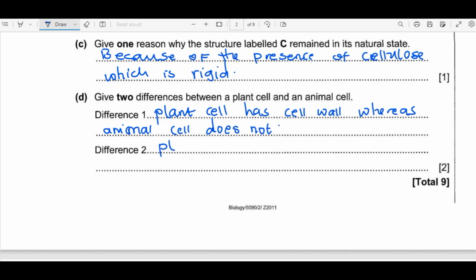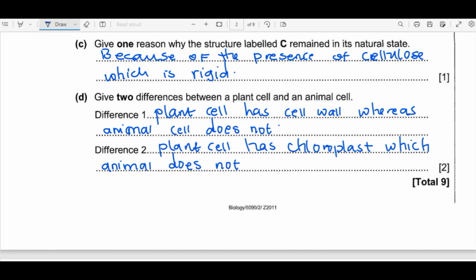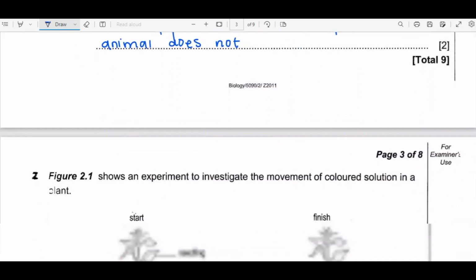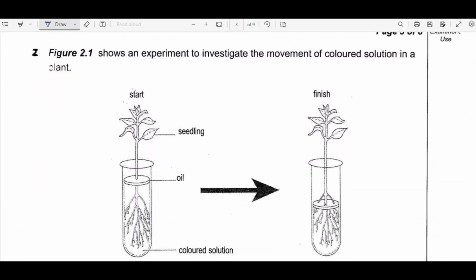Then a plant cell has chloroplast, while an animal cell does not. There are so many differences we can also look at in terms of the shape and also the presence of the cellulose. Then we move on to question 2.